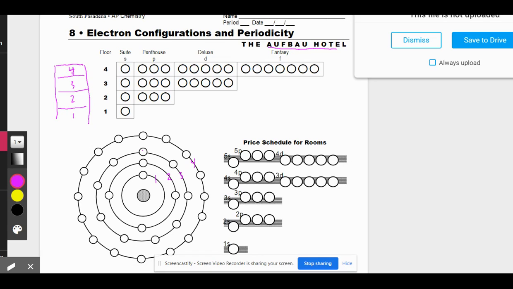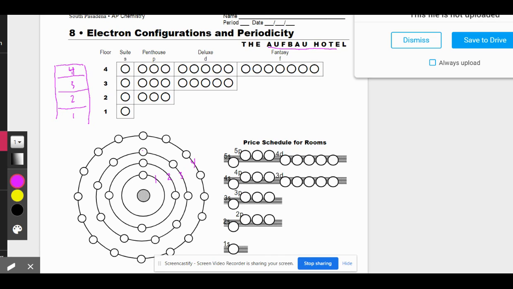So the S is our suite. These are the lowest price packages. And then we have our P, which is the penthouse, a step up from the suite, right? Then we have our deluxe rooms over here. And lastly, the fantasy suites. So these are the highest energy ones that we can have on here.